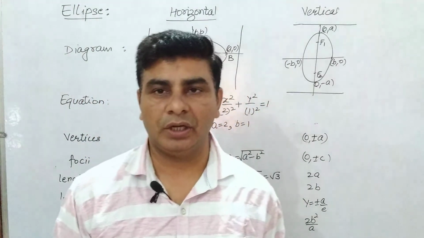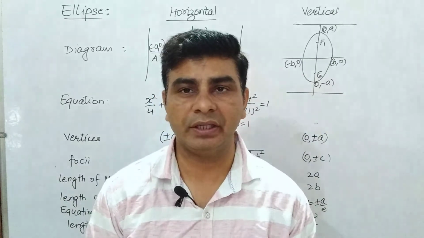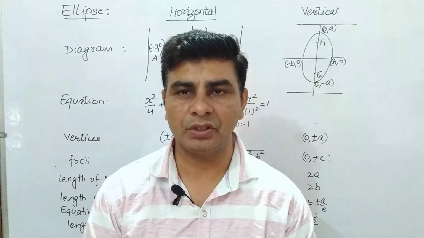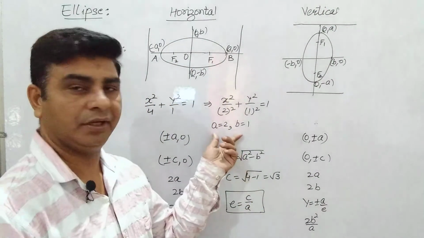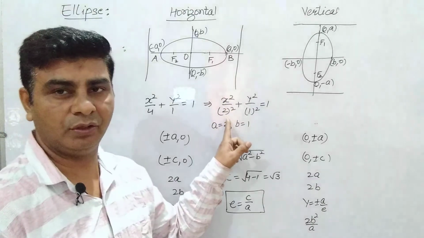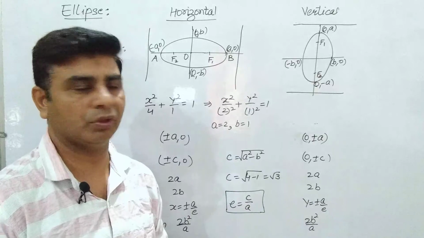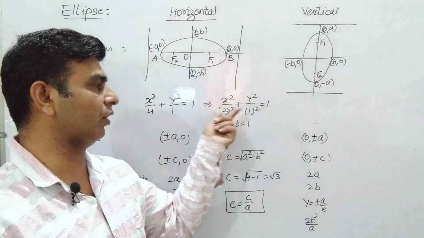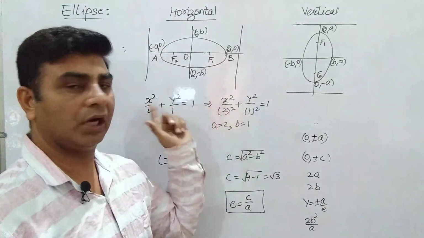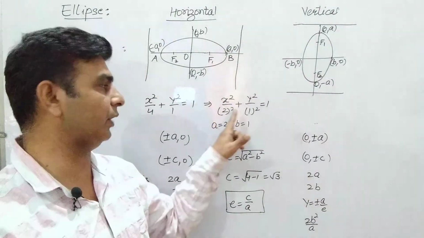And one more thing I want to tell you, how can you examine whether this is a horizontal ellipse or vertical ellipse? This will depend upon the value of a. Children, whichever variable has the bigger value under it, our ellipse will be along that. Like if x has 2 under it and y has 1, it means this is the ellipse which is along the x axis, because x square upon 2 square, 2 is bigger as compared to 1.